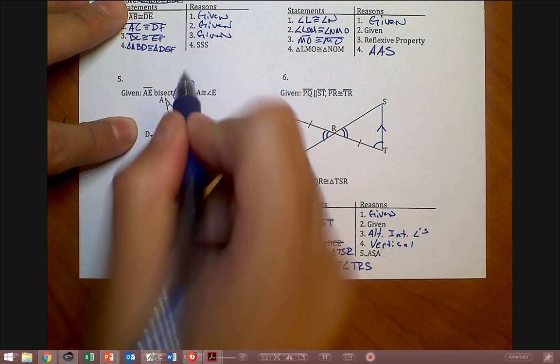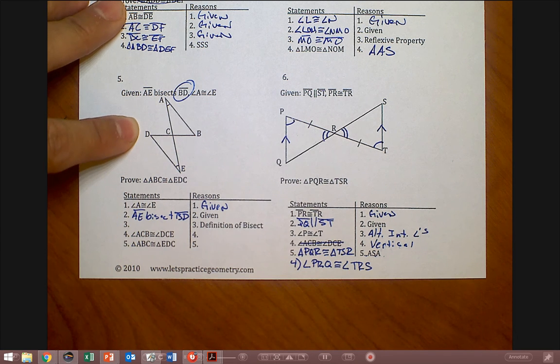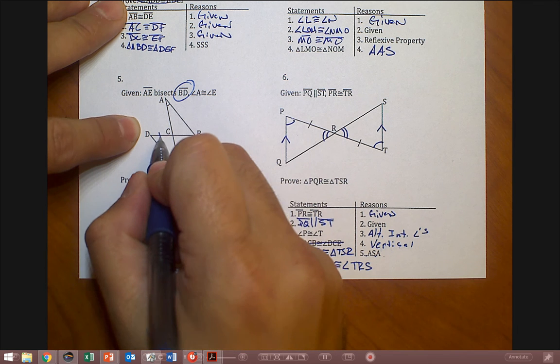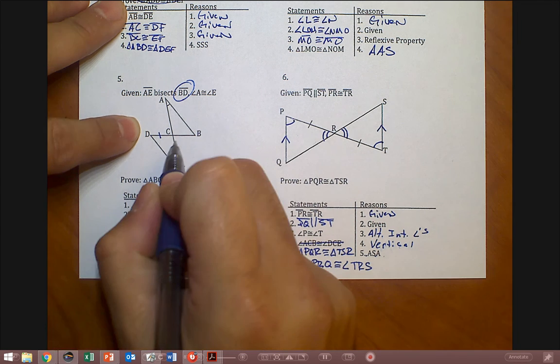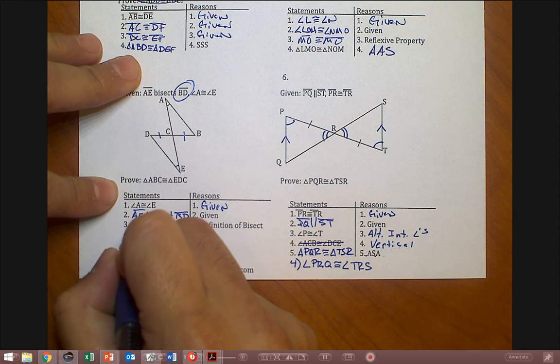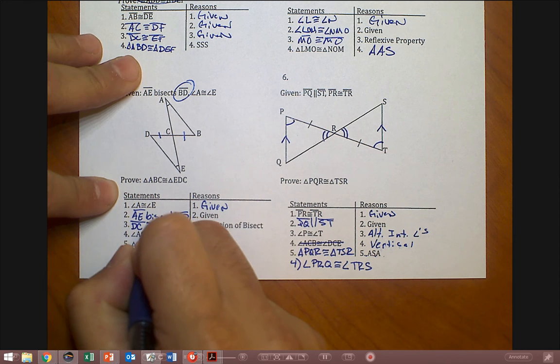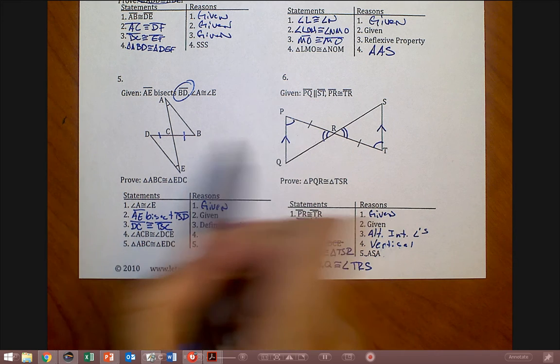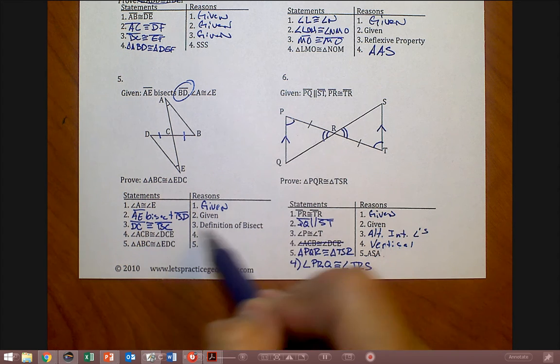So BD is the one being cut. So it's going to be DC, that's what I'm marking right here. CB. There we go. So DC is going to be congruent to BC. Okay, so those are going to be definition of bisect.